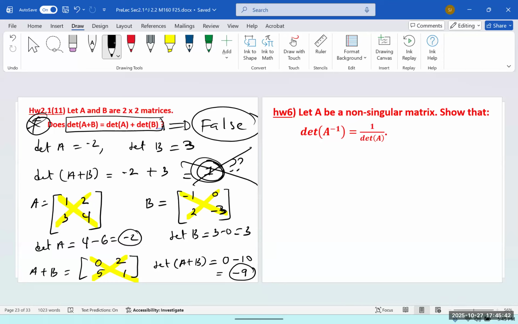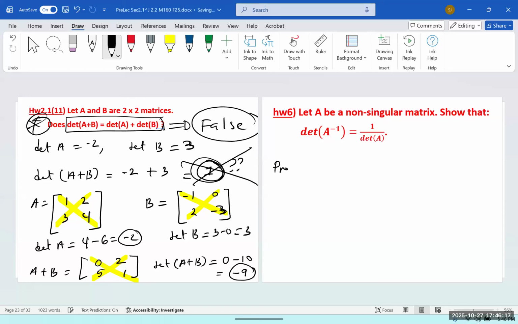The next one, determinant of A inverse is 1 over determinant of A. Any idea how can you prove that? So if you take the inverse matrix and then we take its determinant, this is same as the reciprocal of the determinant of the original matrix. Who has some idea how do you start this question?